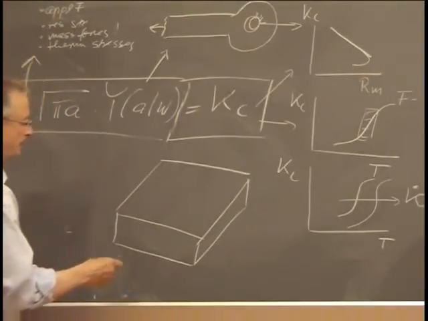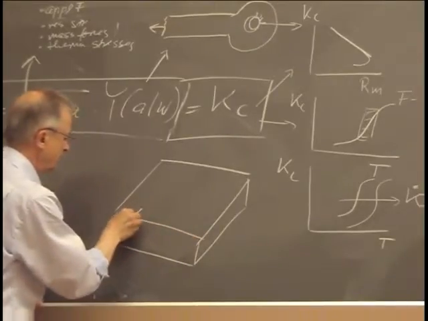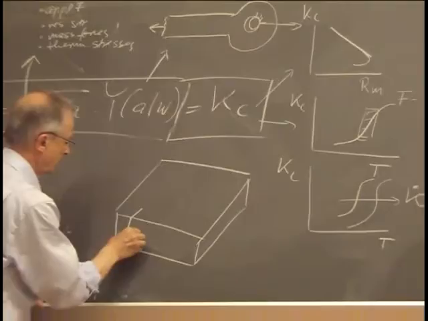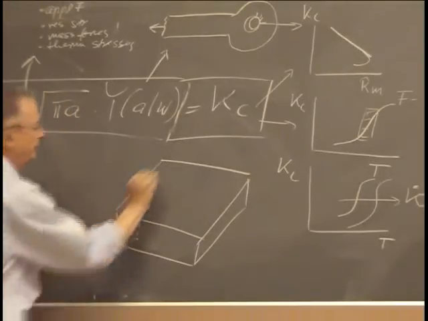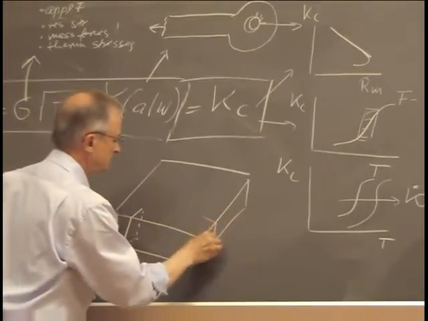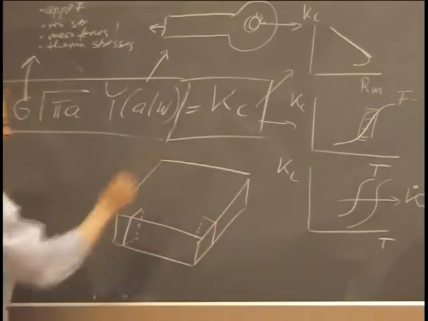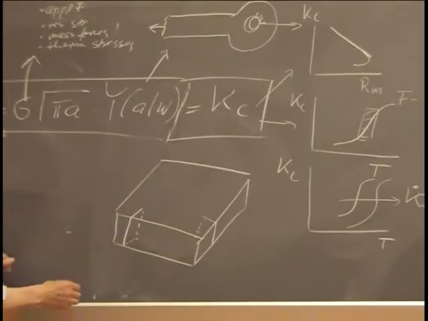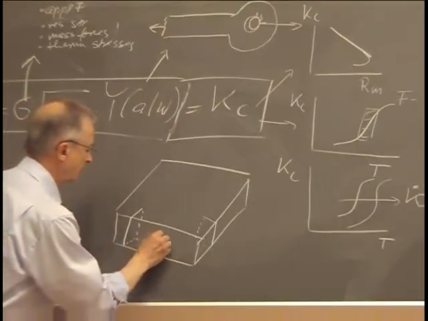So it matters if your crack is, for example, located here. So the crack propagation direction is this way, or it's located here. Crack propagation direction is this way, or you have your crack lying in the rolling plane.